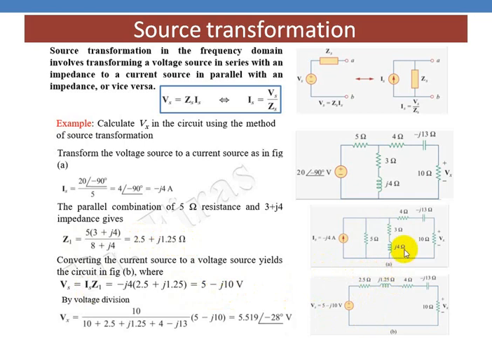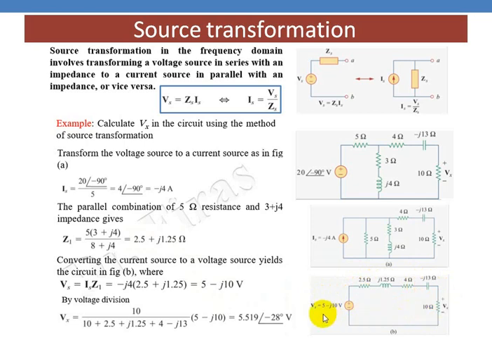Now this circuit, if you see, is a very simple series circuit. You have a voltage source in series with the reactance and resistances. So now you apply the voltage division rule and find the voltage across this resistance.